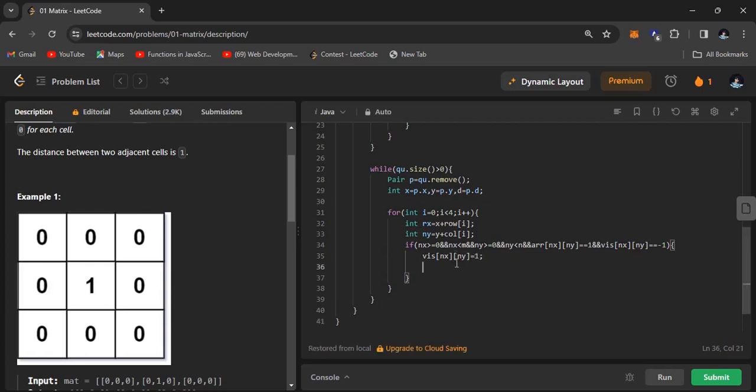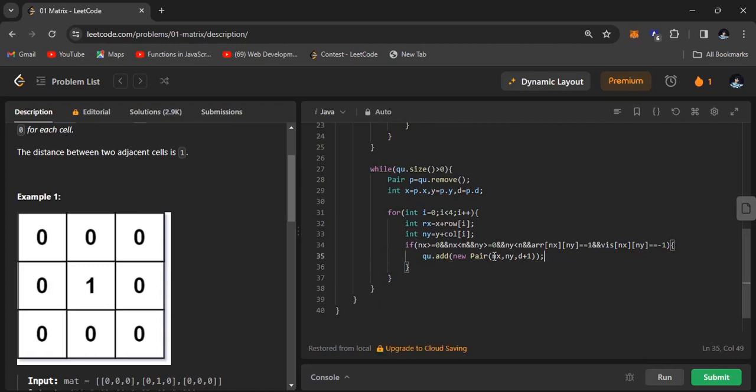Okay, or you can directly fill: if this condition is satisfied, then directly put q.add equals to new pair, and in the new pair the value will be new x, new y and d plus 1.